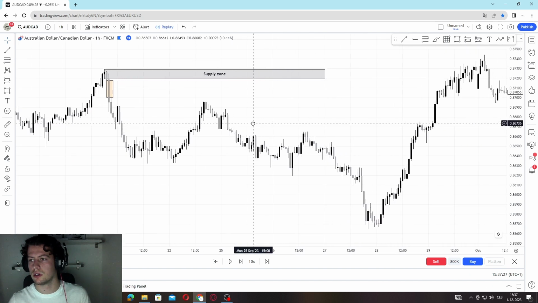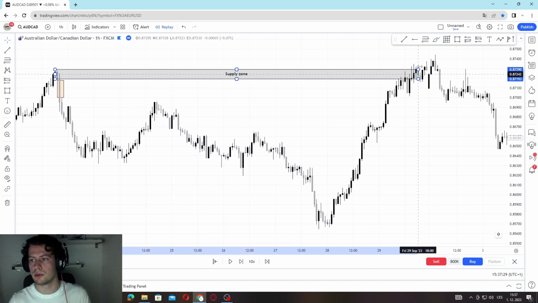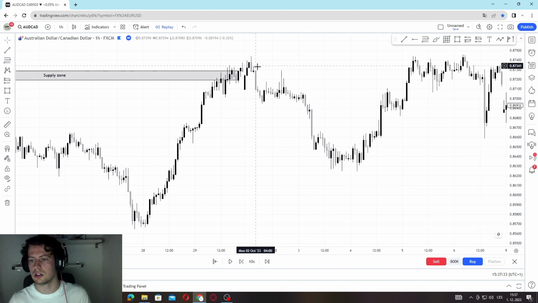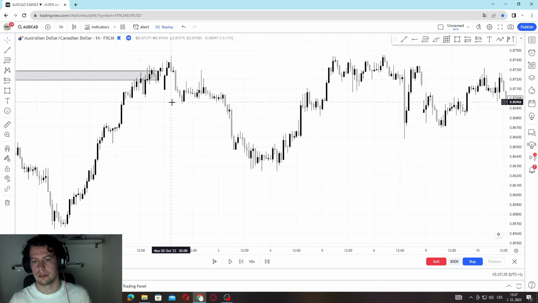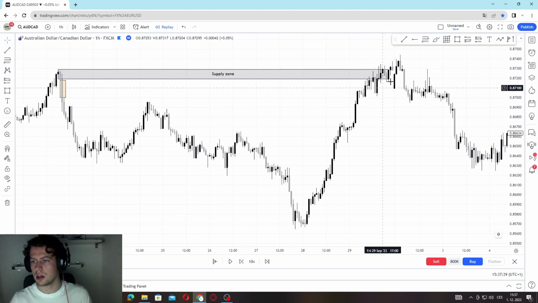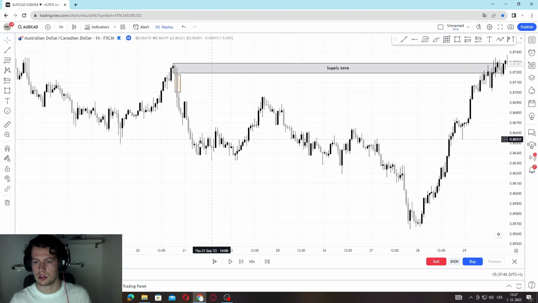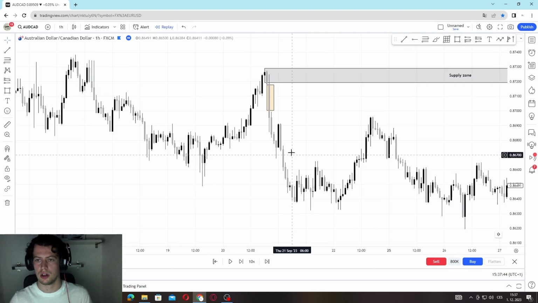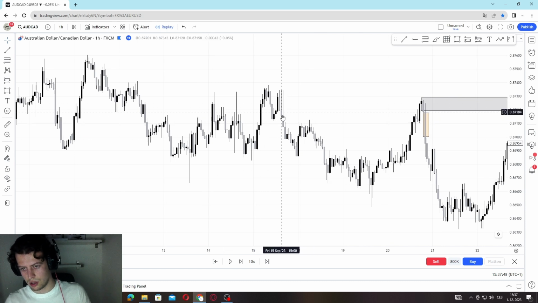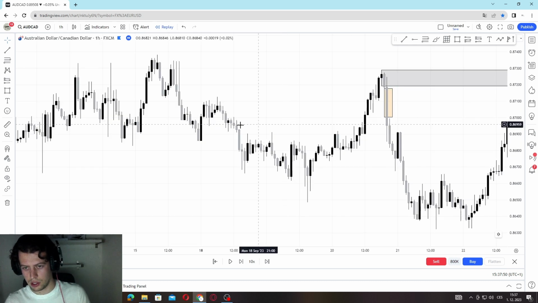You can see that the price taps in, it takes liquidity and it goes down halfway, but this is the principle. Maybe there was a change of character. That's a horrible example, sorry.